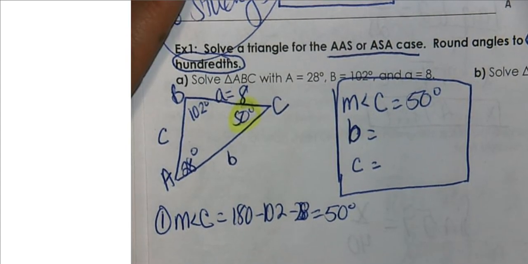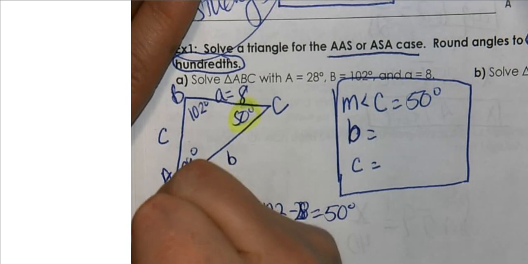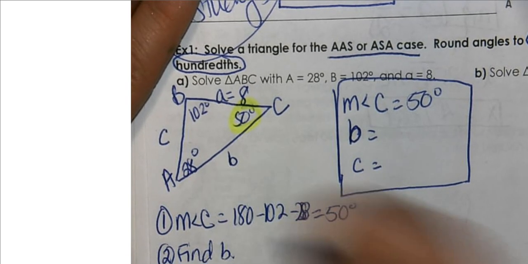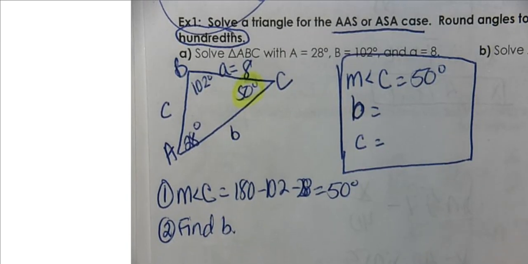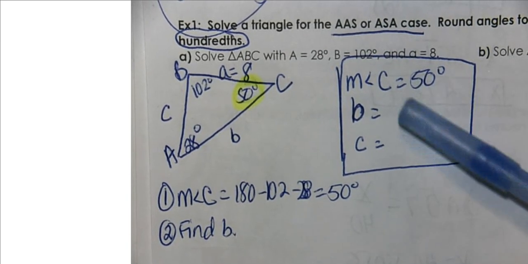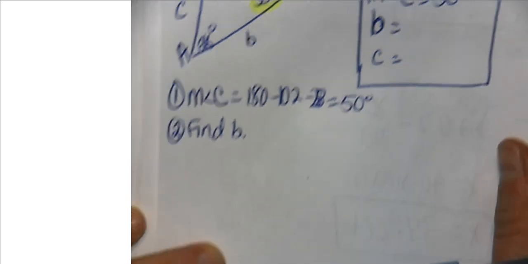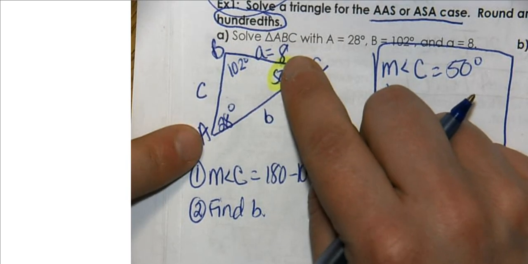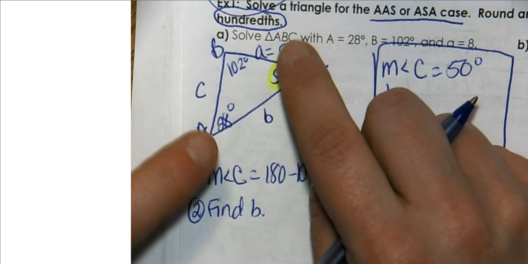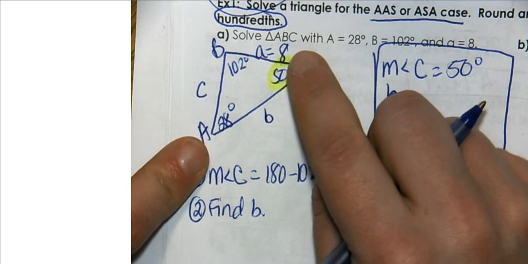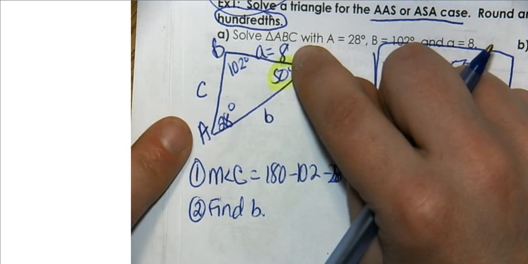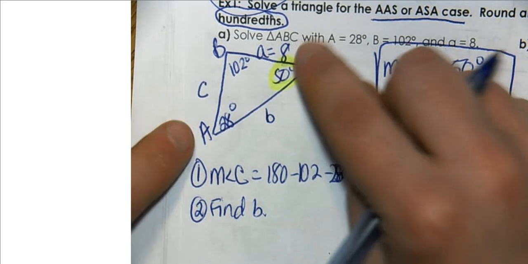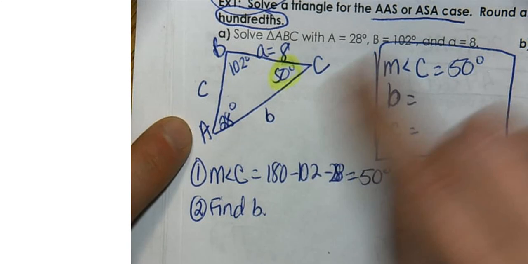So when we find little b, always use given information if possible. What I know is I have two of a kind, is what I like to call it. I know a side A and an angle A. So if you know two of a kind, you can use the law of sines.